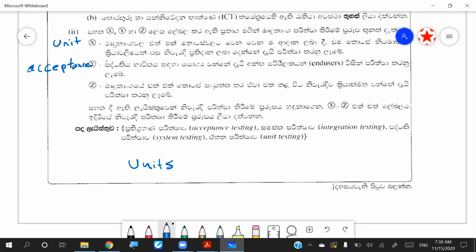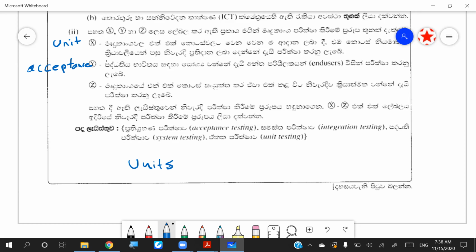If it is up to the standards or requirements, then he can accept it. Until that moment, the client can reject the system due to dissatisfaction, but it should be a justifiable one. That is why it is called acceptance testing, because he either accepted it, okay, it is done, or rejected it.